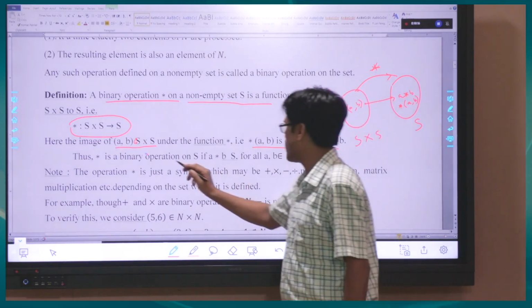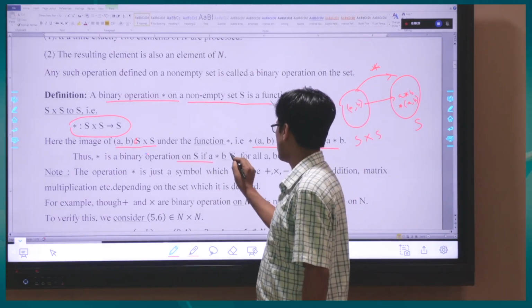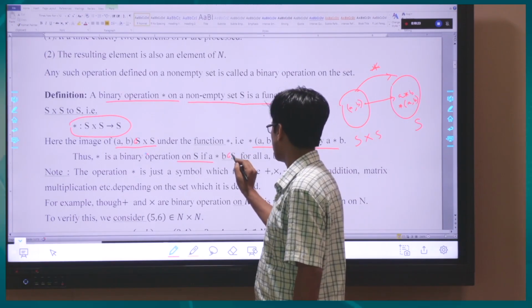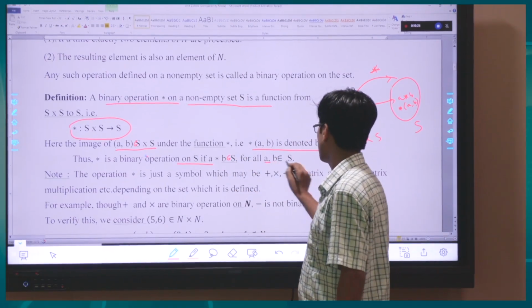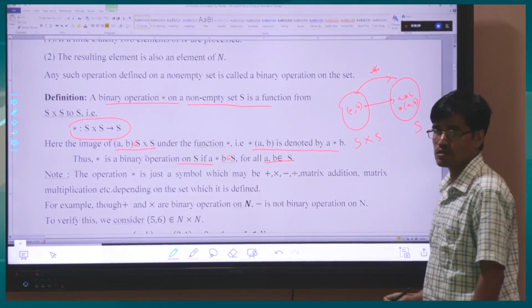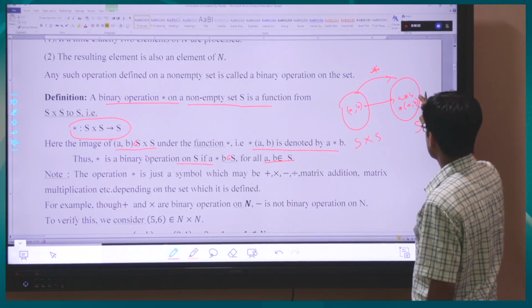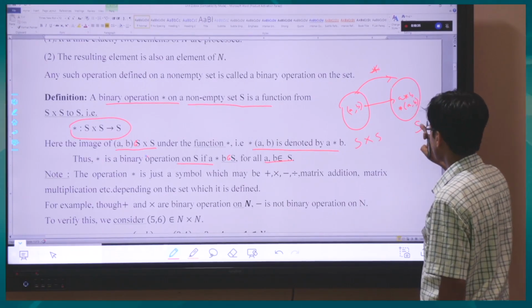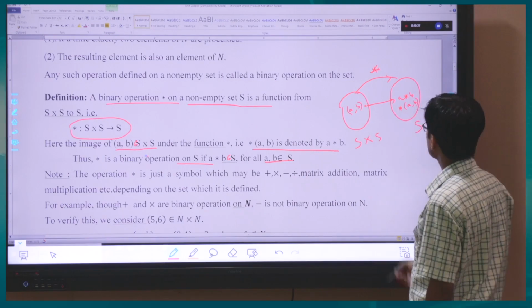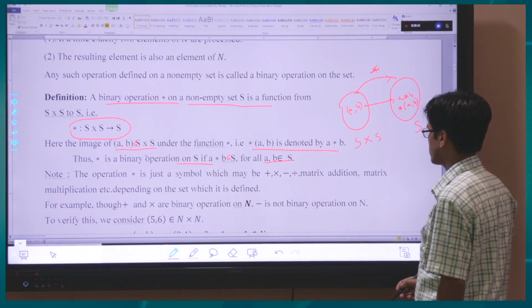So star is a binary operation on set S if a star b belongs to S for all a, b belonging to S. If we consider any two elements from S cross S, the result a star b also belongs to S. Then we call star a binary operation on set S.